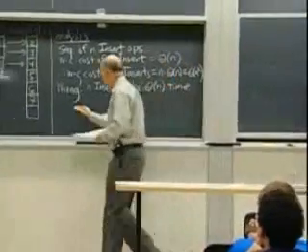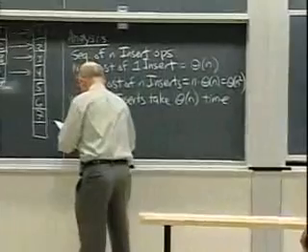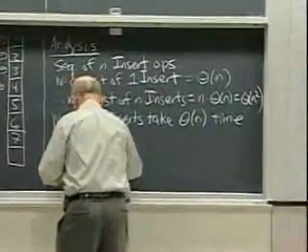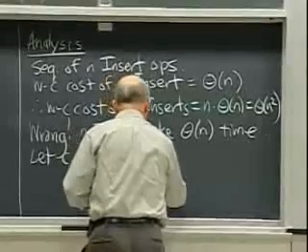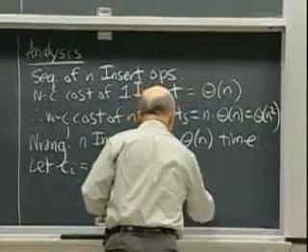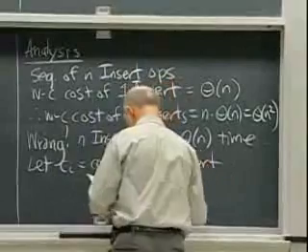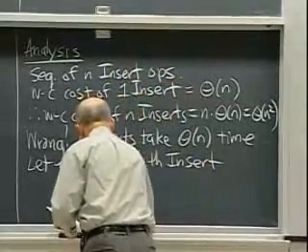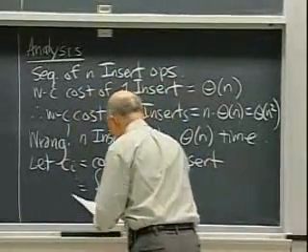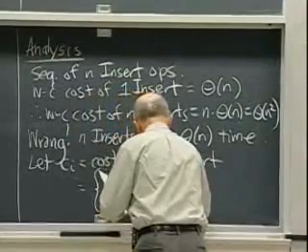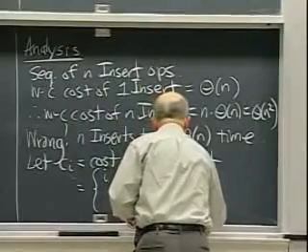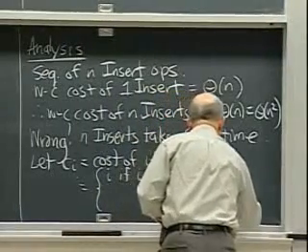Okay? So let C sub I be the cost of the ith insert. Okay, so that's equal to I if I minus 1 is an exact power of 2.